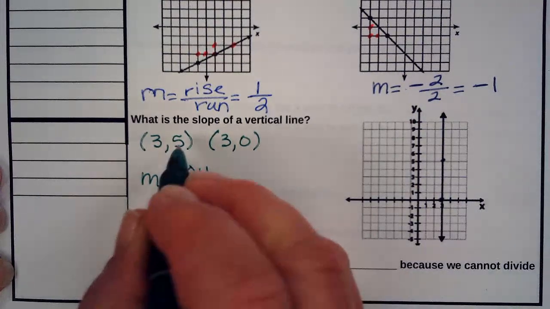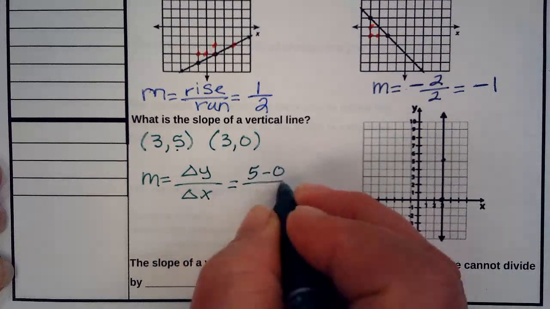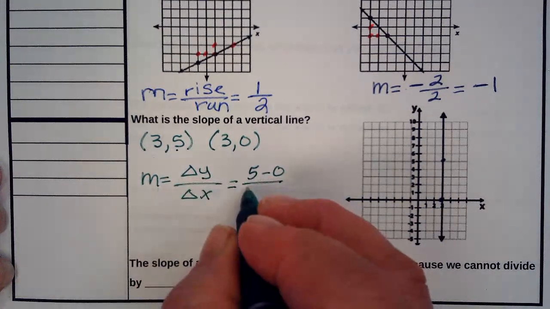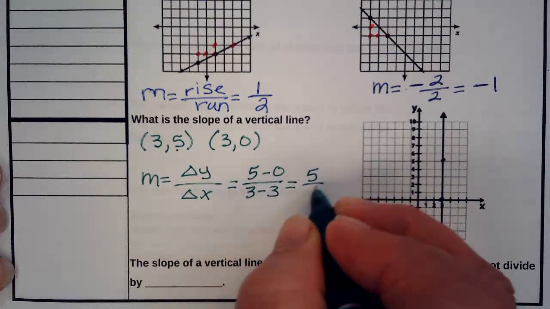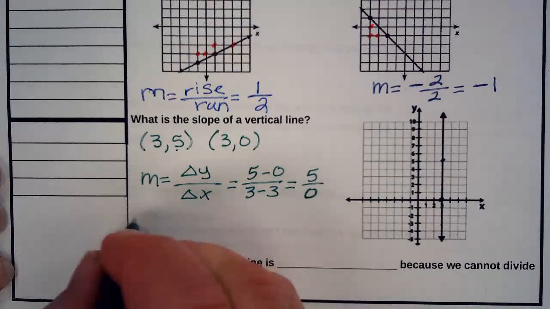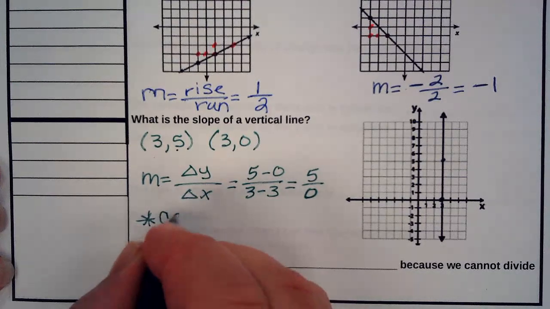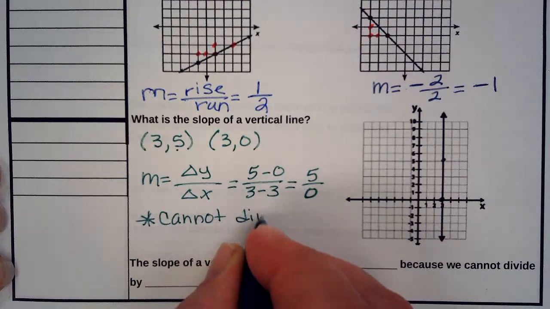So 5 minus 0 over 3 minus 3. That gives me 5 over 0. Do you see a problem with that? Can we divide by 0? No. We cannot divide by 0.